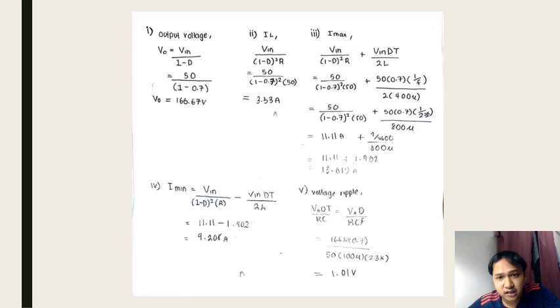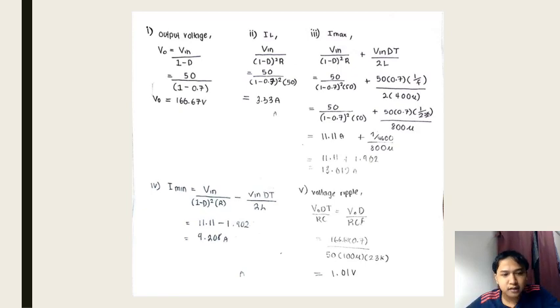Third, we calculate inductor maximum current: Vin over (1 minus D) squared R plus Vin D T over 2L, and we get 13.012 ampere.